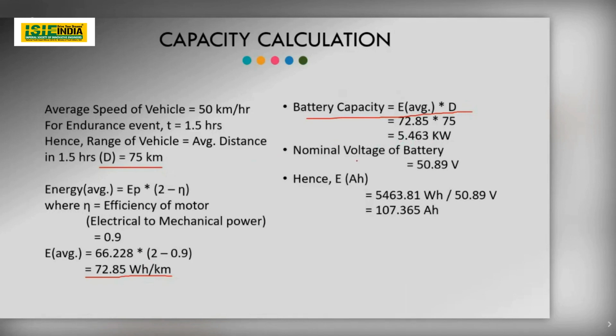Now the nominal voltage of the battery is 50.89, which was calculated in the voltage calculations. Thus the battery's Ah, that is the battery's charge capacity, is equal to watt hour upon voltage, which is 5.463 kilowatt hour upon 50.89 volts, which gives 107.365 Ah.